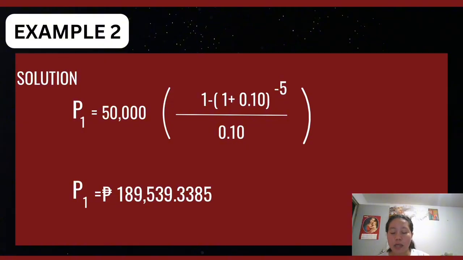Our A is 50,000 pesos, our I is 0.10 since it has an interest rate of 10%, and our N is 5 since it's for 5 years. Let's do the calculations. Our P sub 1 is equal to 189,539 pesos and 34 cents. So that is the value of our A sub 1.